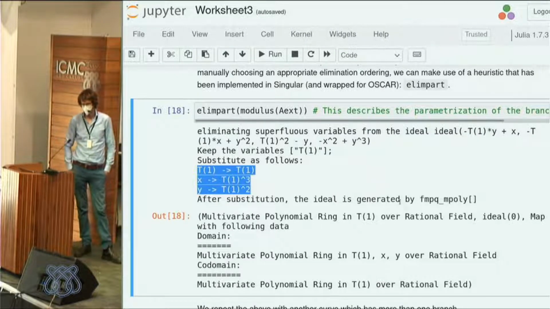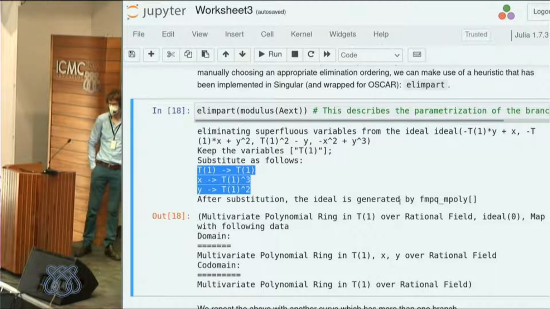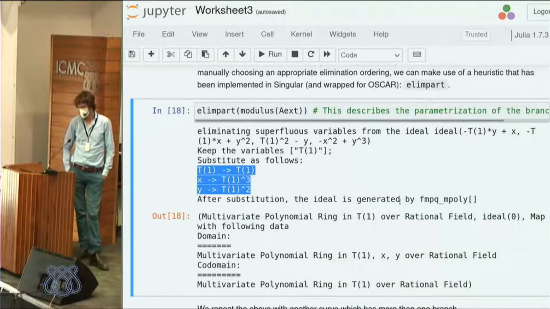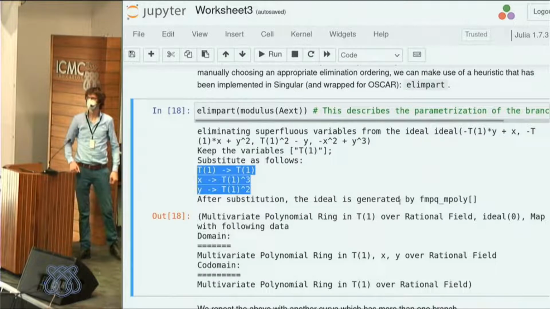We introduced a new variable t, and now it says x corresponds to t1 cubed, y corresponds to t1 squared, and t is a variable that we are keeping.